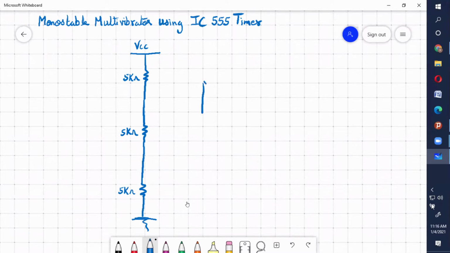Okay, so next, what do you have here? What is this symbol? Reference is connected to negative terminal here. Which comparator is it when reference is connected to negative terminal?